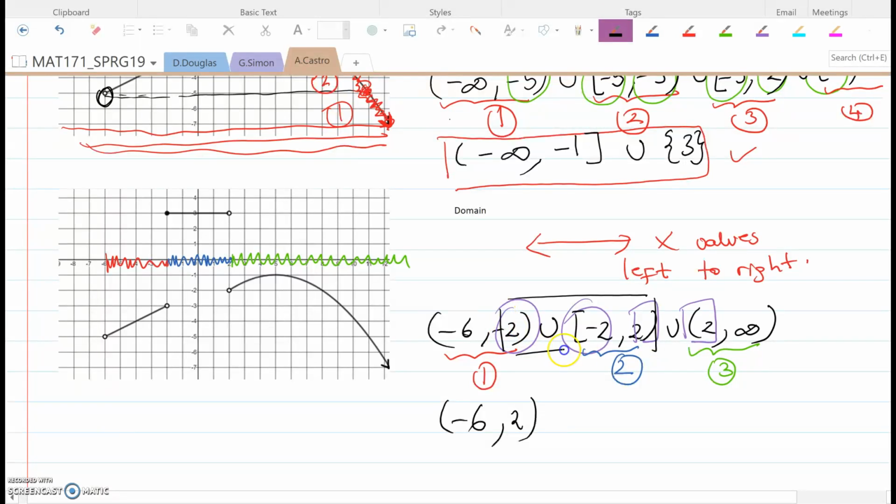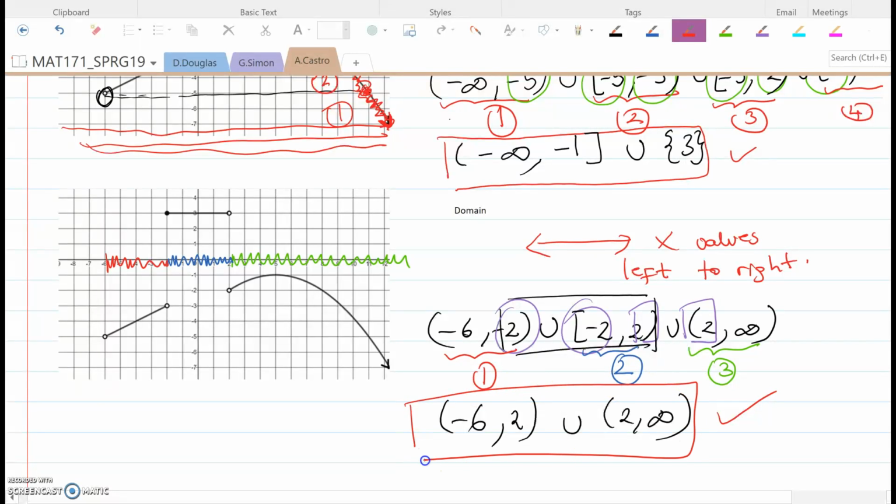Then union, I can go with 2 to infinity. And that will be my domain answer, cleanup version. Can you write it this version? We do not prefer it. Meaning, you're not going to get full point. We need to cut half a point, depending on the way of the question. So this was domain.